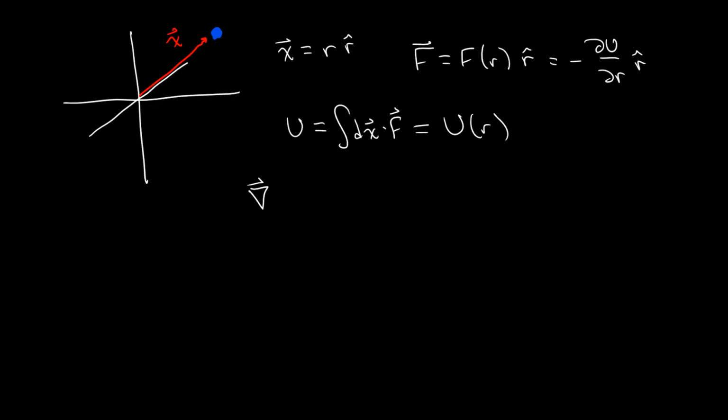Since when I act with the vector derivative on u, I only get something like du dr r hat, this tells me that u is only a function of r. In principle this vector derivative has derivatives of the other coordinates living in it, but since I'm only considering derivatives with respect to r in the r hat direction, that tells me that u is only a function of r. Okay, so in this particular case, my force is only in the radial direction.